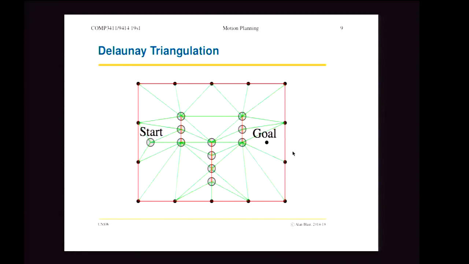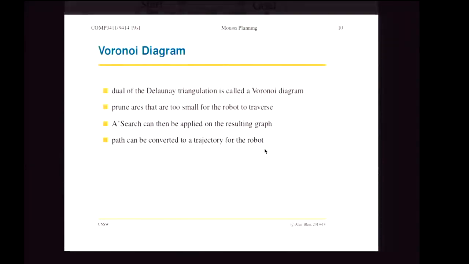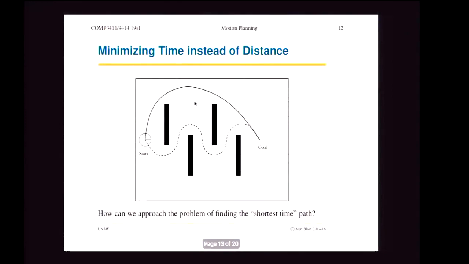The second issue is that if the robot is making turns that are too sharp, it may actually take longer even though the path is shorter. So if you think about these two situations, it may be that the shortest distance path is this one.